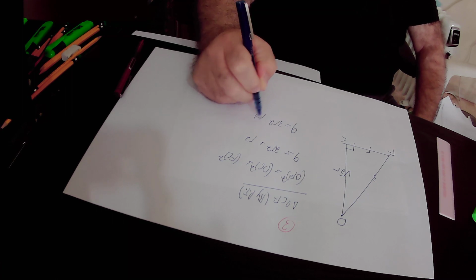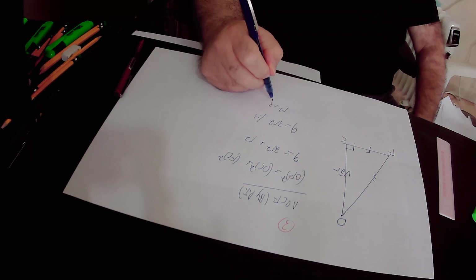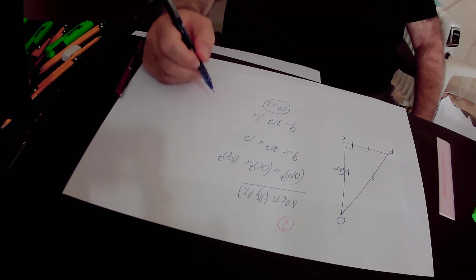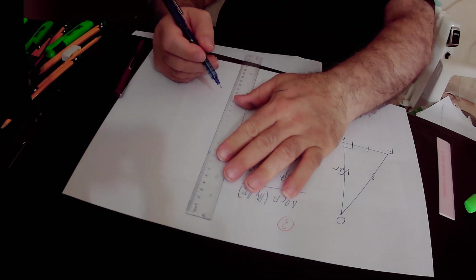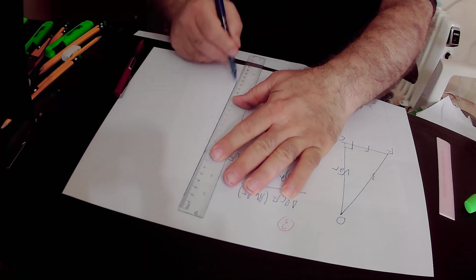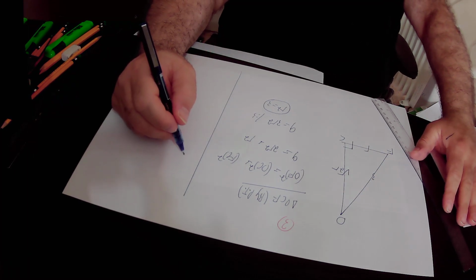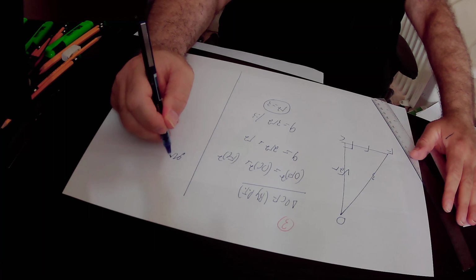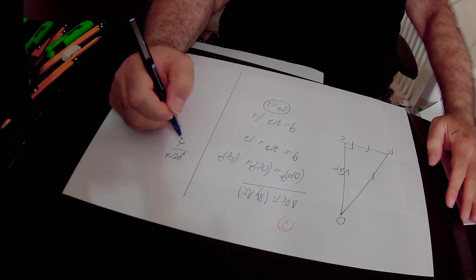We divide this equation by 3 and we get that r squared equals 9 over 3, that is 3. So we found out that r squared equals 3 units. And the area of the semicircle is equal to pi r squared over 2, that is half the area of a circle.